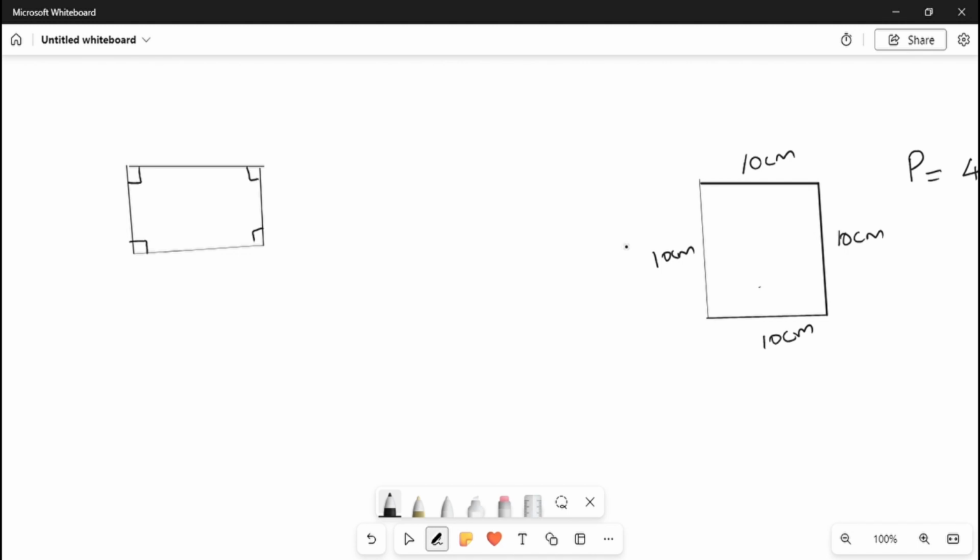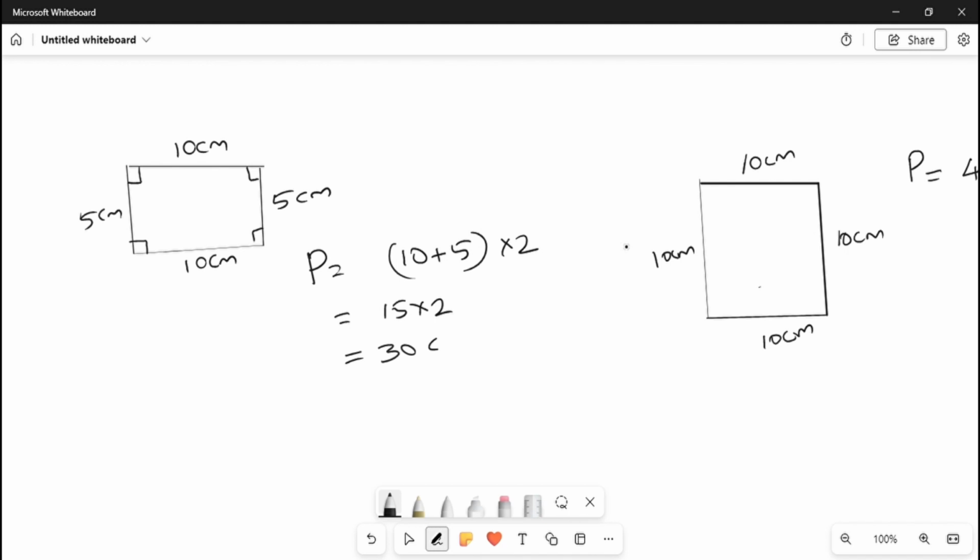So if this is 10 centimeter, this is 5 centimeter, and this is also 5 centimeter. So perimeter P equals 10 plus 5 into 2, because 2 10s and 2 5s are there. 10 plus 5, 15, into 2, that is 30 centimeter. This is how we have to find the perimeter of a rectangle.